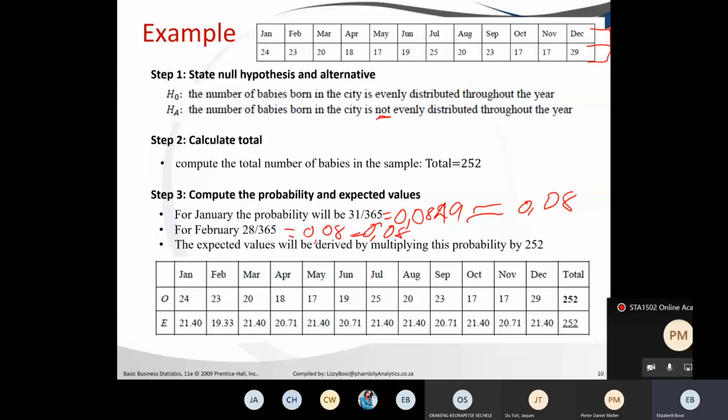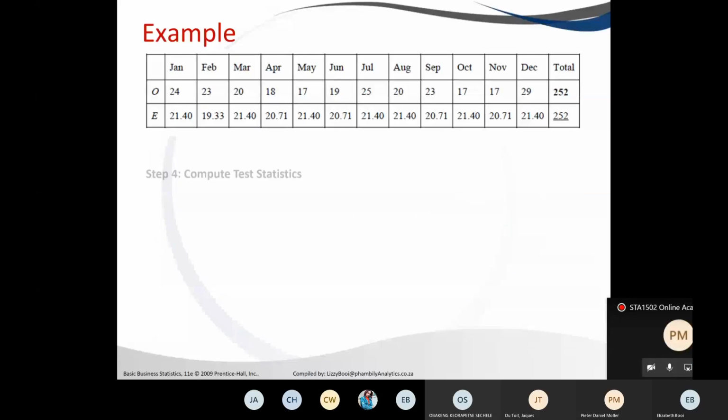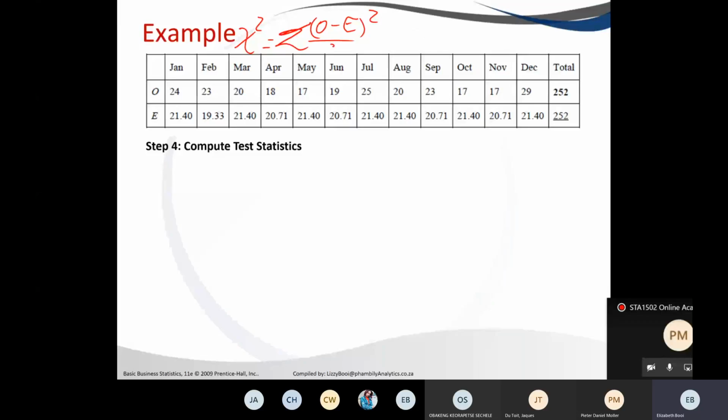Okay, so once you have your expected value, then we are able to calculate our test statistic. Remember the formula to calculate the test statistic. For the chi-square test, it's your observed value minus your expected value, squared, divided by the expected value. What does that mean?